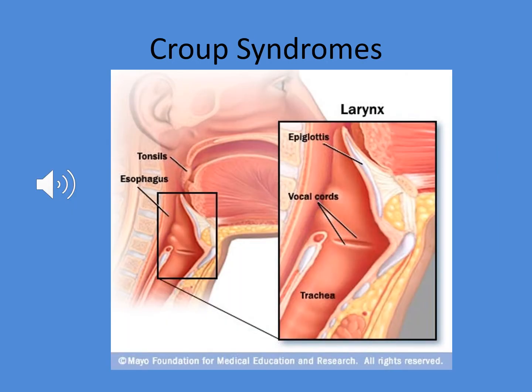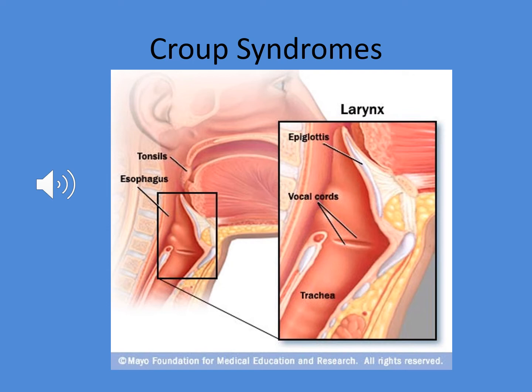Continuing on with our upper respiratory illnesses, we're going to move into croup syndromes. So for croup syndromes, it can involve the epiglottis, the glottis, and the larynx. Croup syndromes are characterized by some classic symptoms, and usually those are hoarseness, a barking cough or seal-like cough, inspiratory stridor, rales and rhonchi on auscultation, and there are varying degrees of respiratory distress.